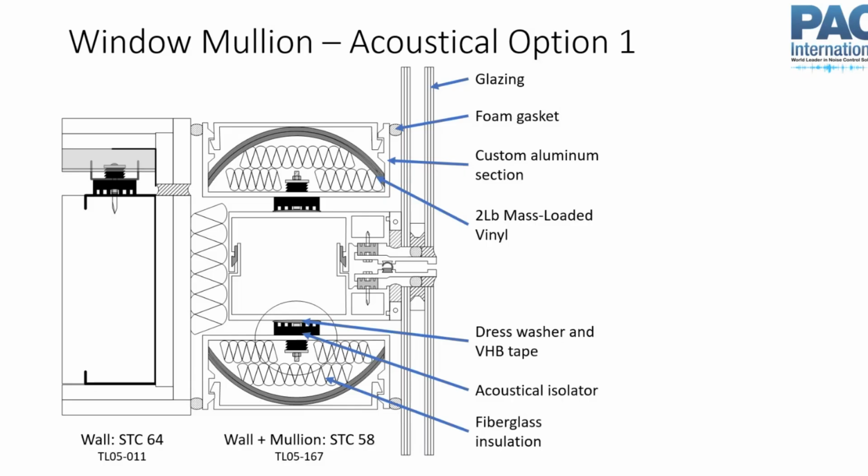It may have been mass-loaded vinyl. That's a fairly common thing that you'll see suggested on the internet. Mass-loaded vinyl adds mass, it's in the name, but it doesn't really add any more mass than drywall. And I would say in the vast majority of situations for architectural building acoustics and noise control, mass-loaded vinyl doesn't make sense. Just add another layer of drywall.